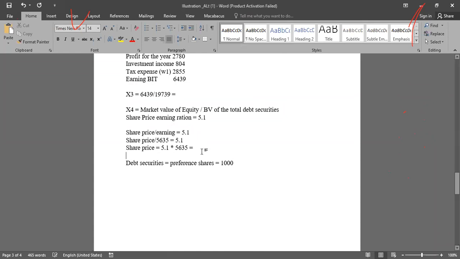This is 28,739. So the figure I got, Emily, is it for this X3 or the one up? It's for X3. Okay, 0.326.